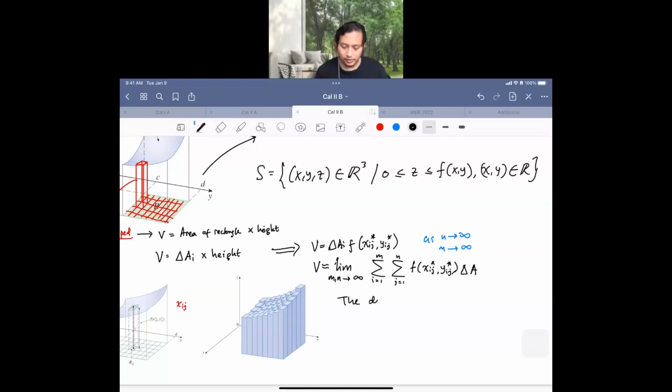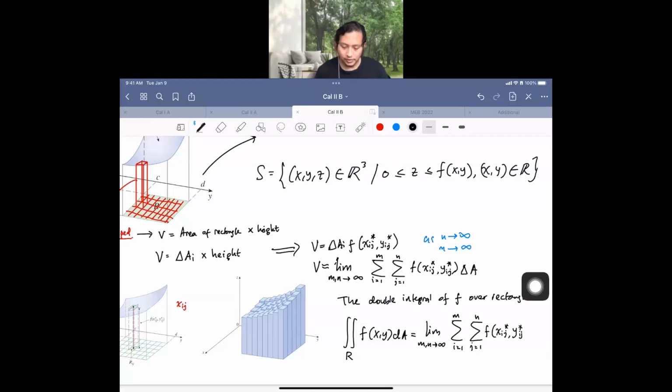The double integral of the function f over rectangle R is equal to the double integral over rectangle R of the function of two variables f(x, y) dA, equal to the limit as m and n approach infinity of the two summations, if the limit exists.